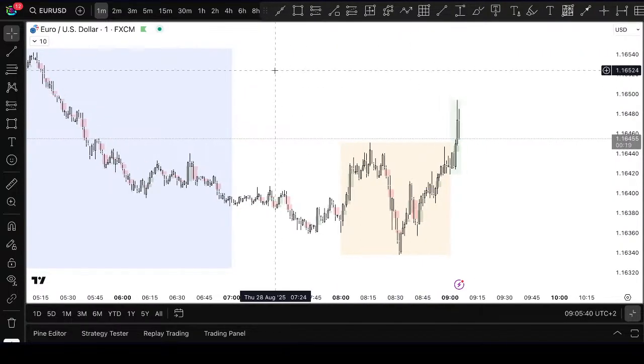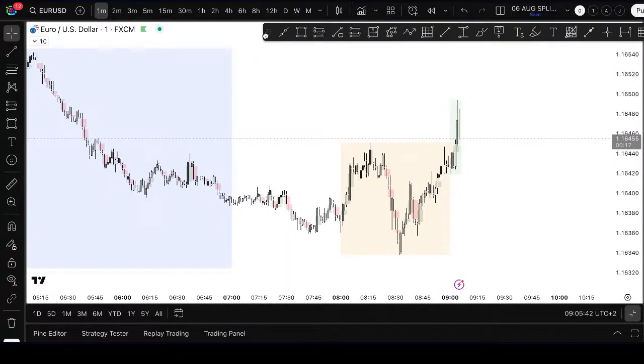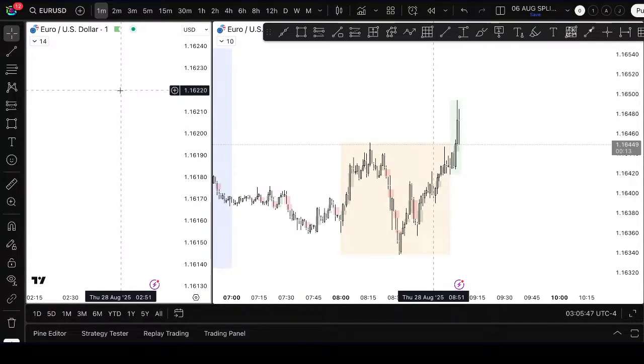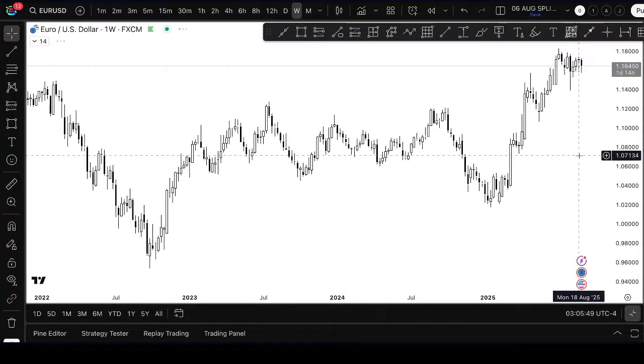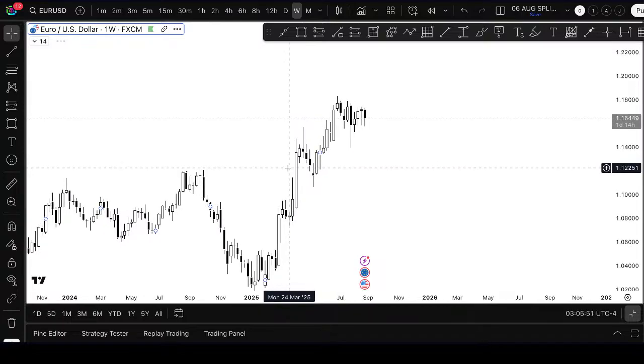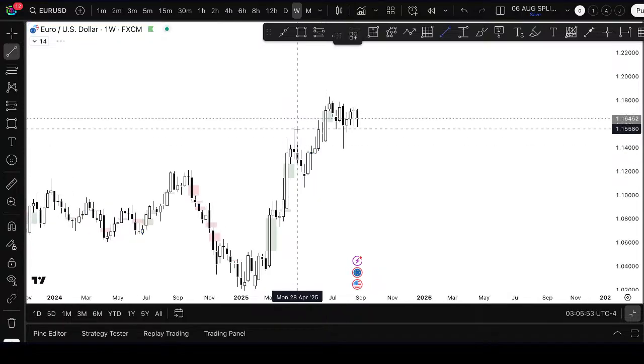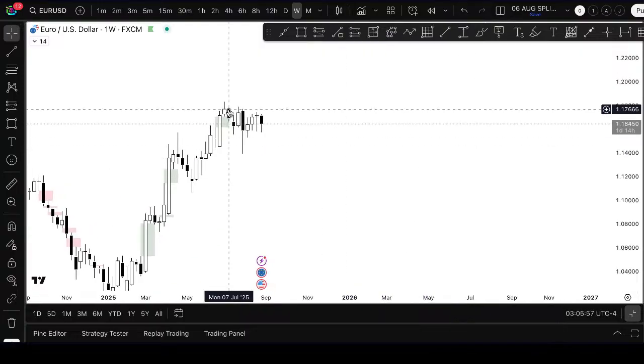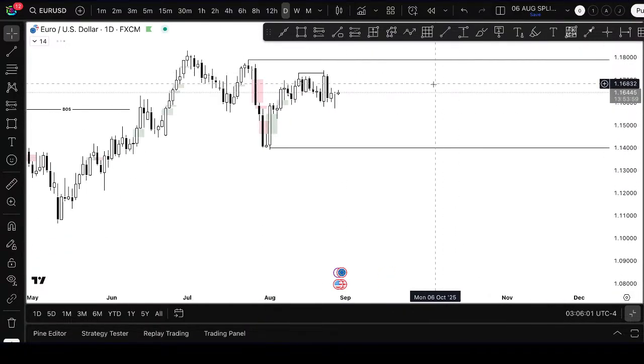Now we look at Euro USD, again the same criteria. We go to the weekly, always doing the same thing over and over again so that we get used to it. It's showing bullish, came here, and has been consolidating in the weekly. Now we go to the daily.